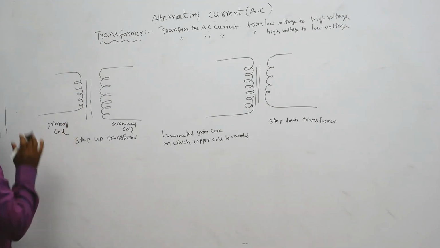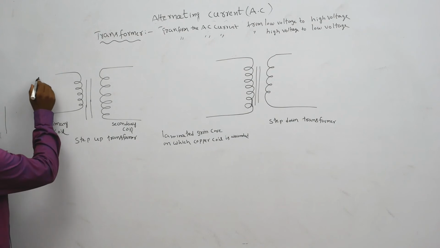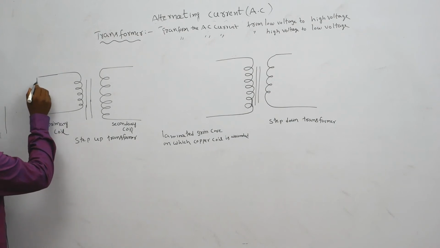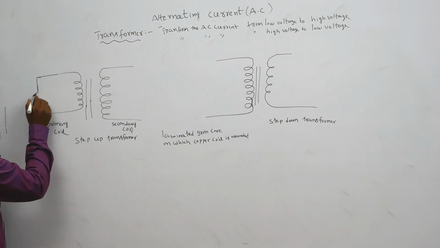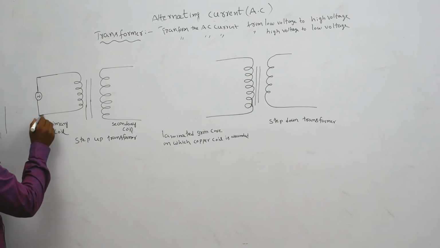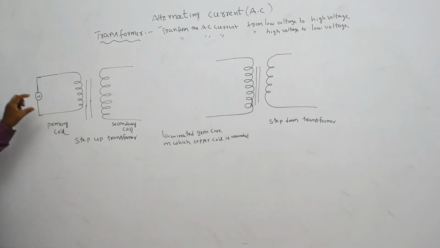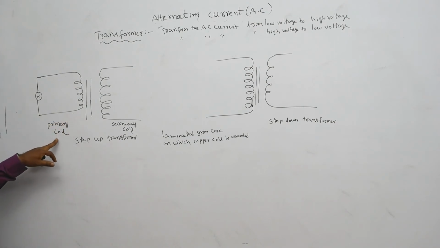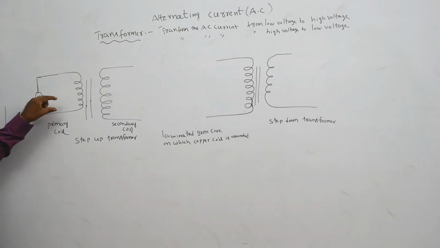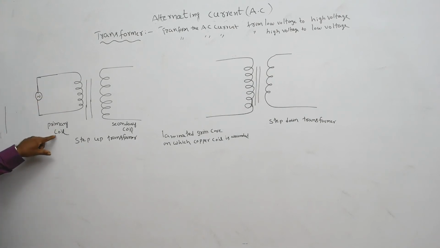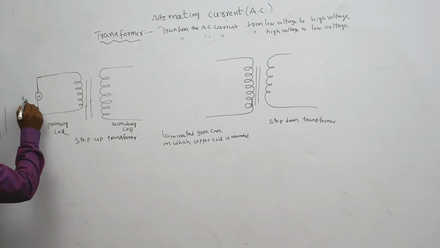Which one is called the primary coil? The coil to which we connect the alternating source is named the primary coil. I am repeating once again, the coil to which the alternating current source is connected is called the primary coil. This is the input voltage.